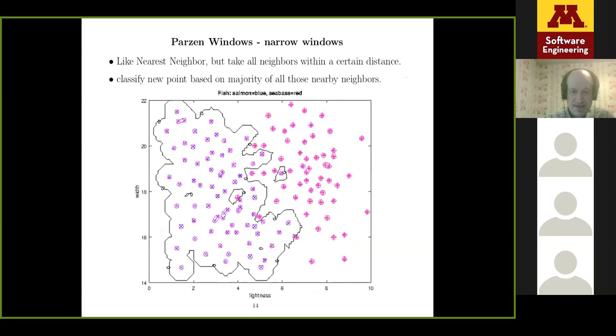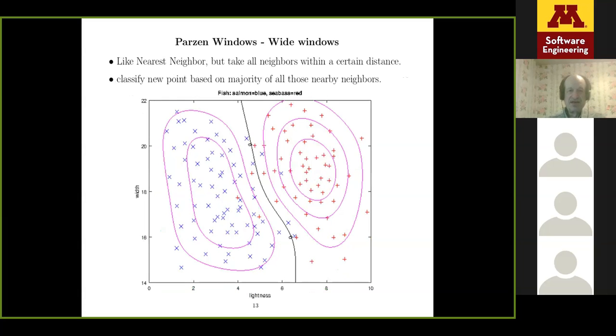So that's an example of using a parametric method to get a separator that tries to minimize a measure of the error.